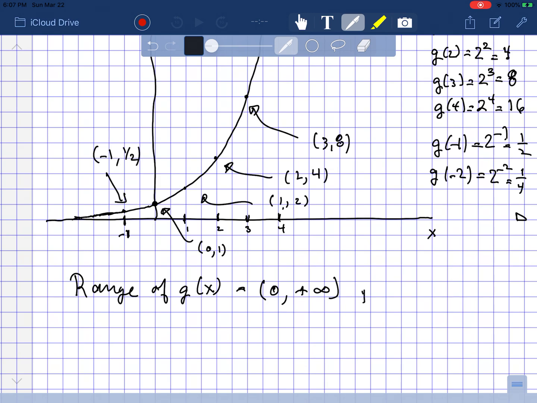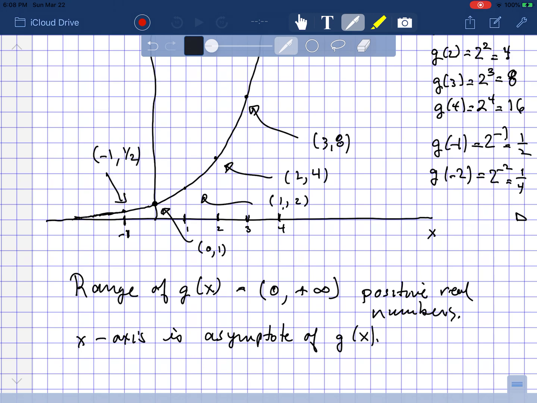So they're all the positive real numbers. Notice that the x-axis is an asymptote of g of x.